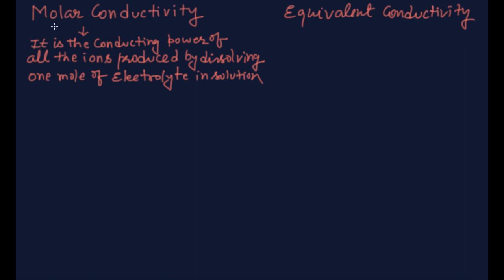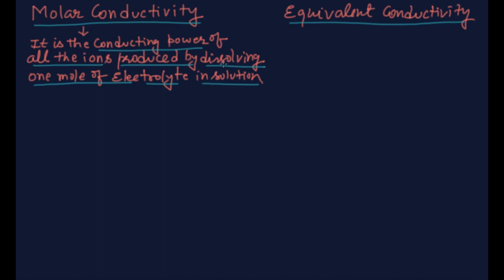Hello students, now again come important terms: molar conductivity and equivalent conductivity. First comes molar conductivity. As you know and are aware, if you don't, then please listen carefully. It is the conducting power of all the ions produced by dissolving 1 mole of electrolyte in solution.